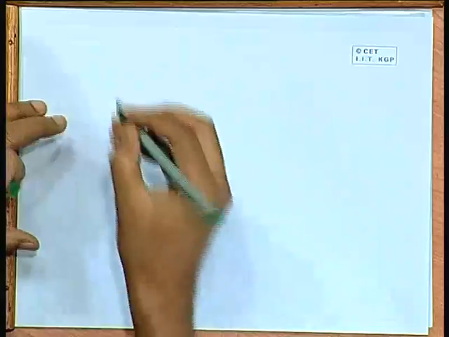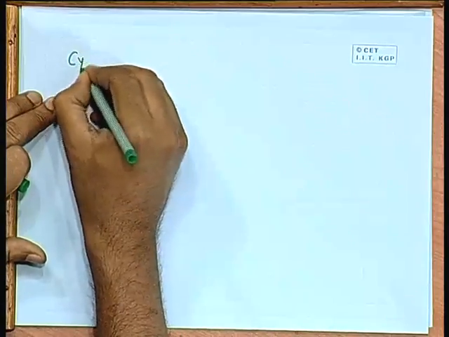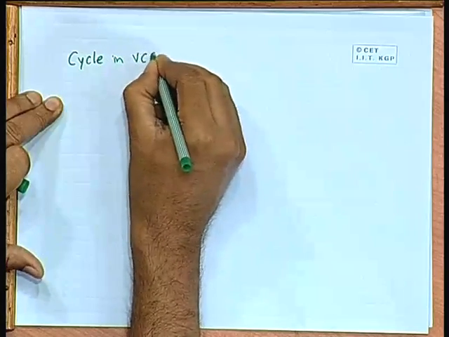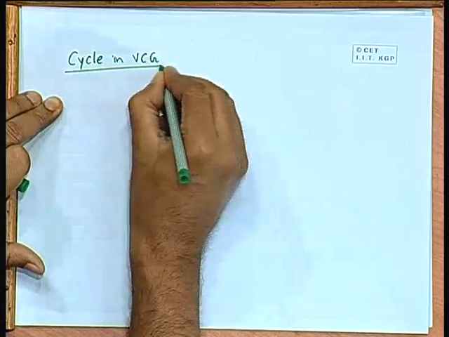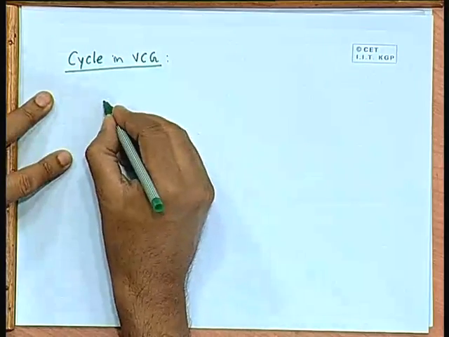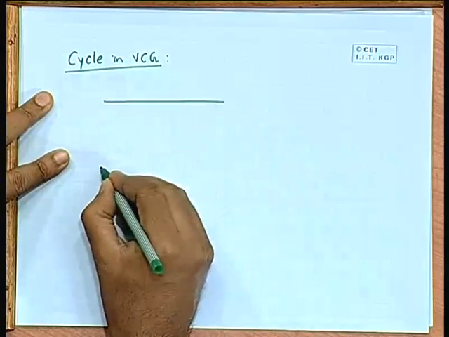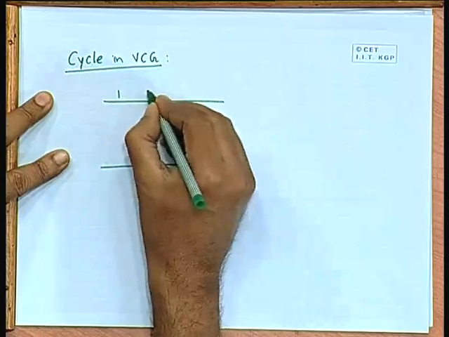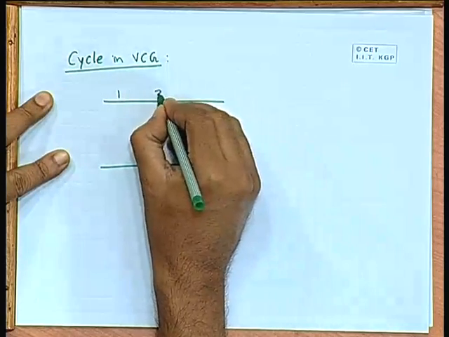Although the algorithm we will be considering right now does not consider that scenario, let me also talk about that scenario where there is a cycle in VCG. Now, the basic dogleg algorithm we are considering right now cannot handle cycles. So, let us take a simple channel routing problem with nets placed like this.